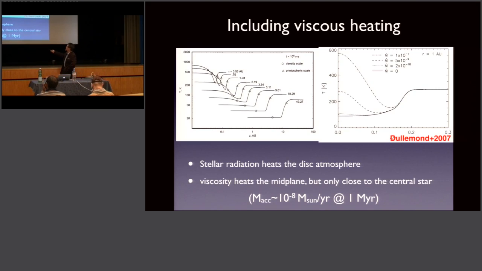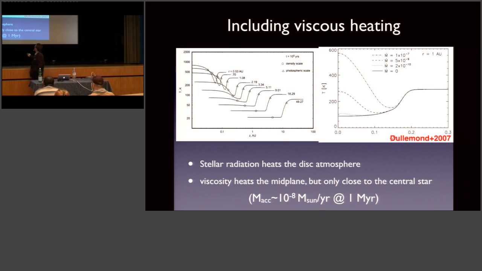But as you go outside, this becomes less and less relevant, okay? And in the outer disk, this viscous heating is negligible, in fact. And just to give you an idea of the importance of this at, say, 1 AU, in order to have the temperature in the midplane raised to the same level as the temperature of the atmosphere, which is quite a bit of heating, you need mass accretion rates of the order of 10 to the minus 7, 10 to the minus 8 solar masses per year, okay?